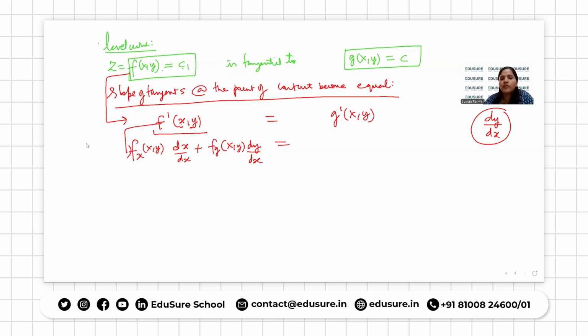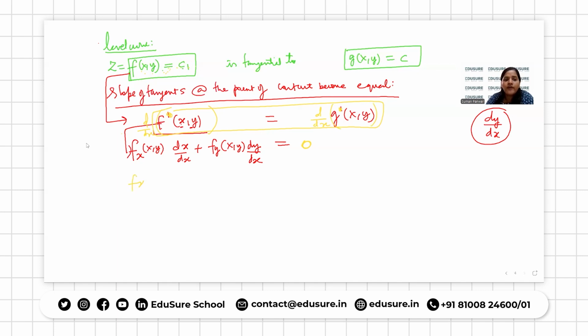Now note that d by dx of f(x,y) should be equal to d by dx of g(x,y). We already know that f(x,y) equals c1, which is a constant. So if we differentiate both sides with respect to x, this is equal to 0.